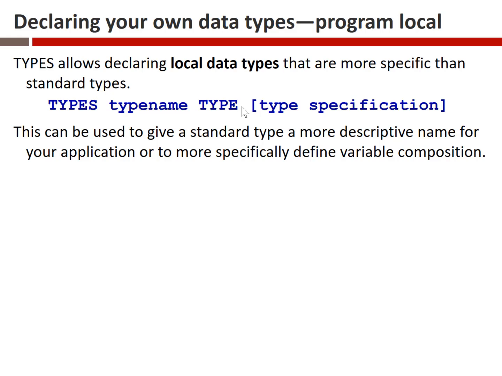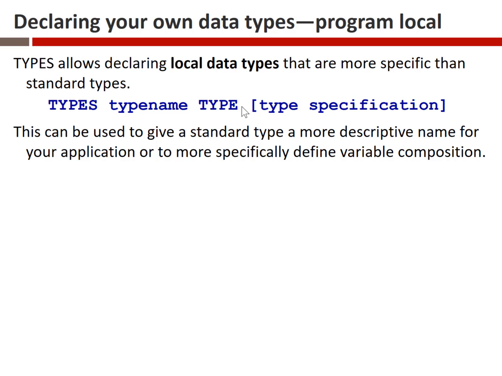What's N? Numeric string, okay, LENGTH 5, period. Well, you might look at that and say, okay, well, X is clearly a data object that's a numeric string of length 5, but that doesn't really tell you what that is.